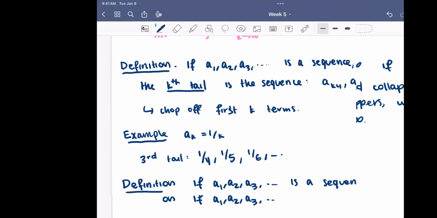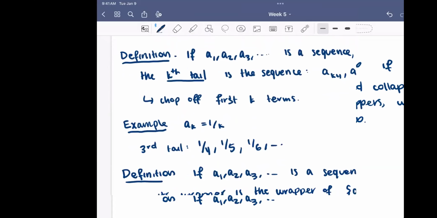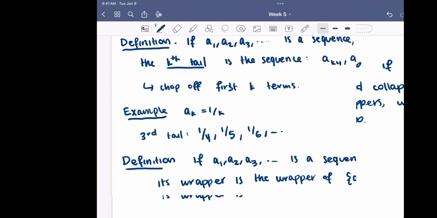So let's look at some examples of these wrappers. Let's say a sub n is just the constant 3 sequence. Then what is the wrapper of that sequence?